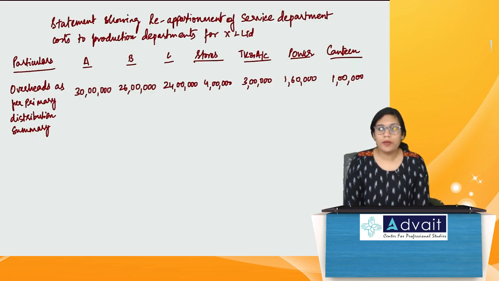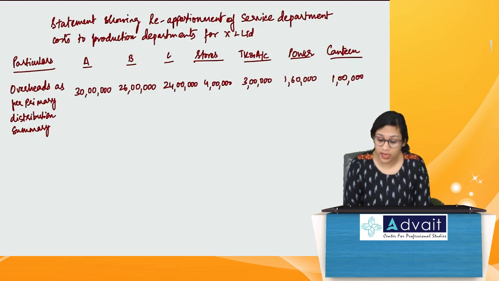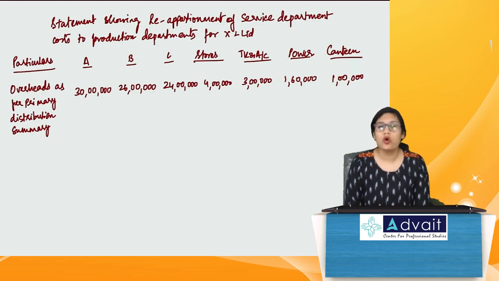So now I am to reapportion. In reapportionment, all the service department balances will become zero because they will transfer these balances to production departments. And in this problem, we are doing direct redistribution method, which means these service departments are not serving each other. Very, very easy.